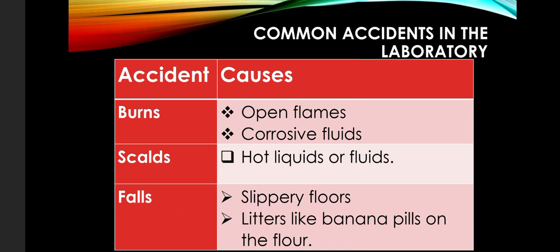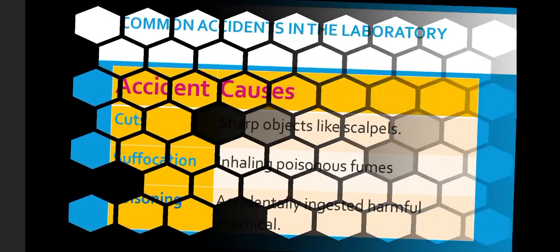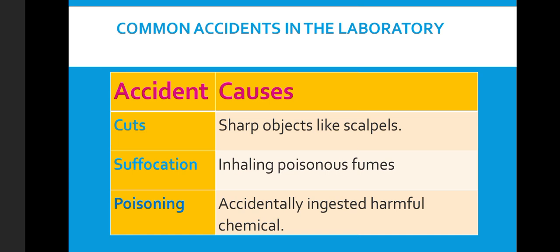Another accident is an accident that we are calling falls. Falls are normally caused by slippery floor or litter like banana peels that have been carelessly thrown on the floor. We also have more accidents here. There is an accident that we call cuts.